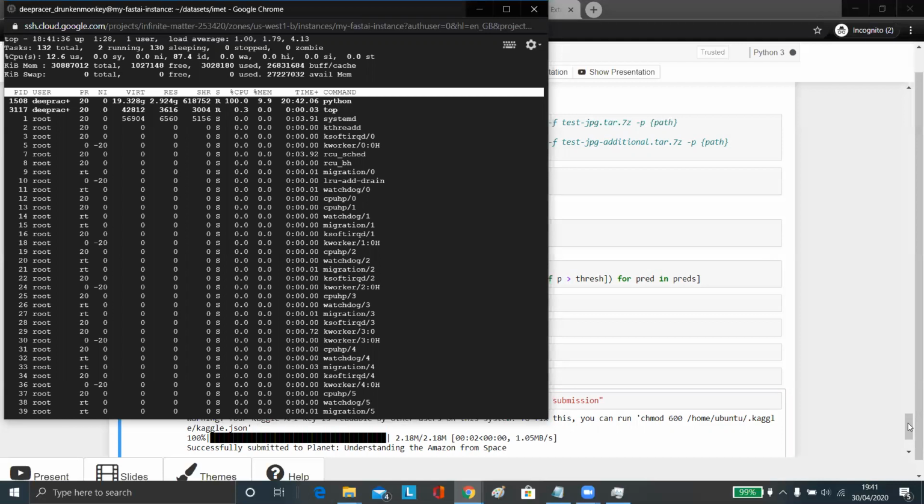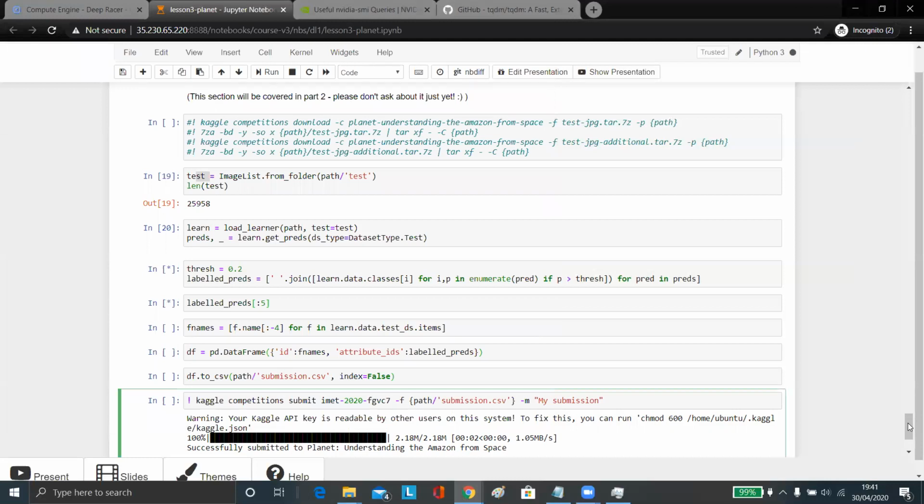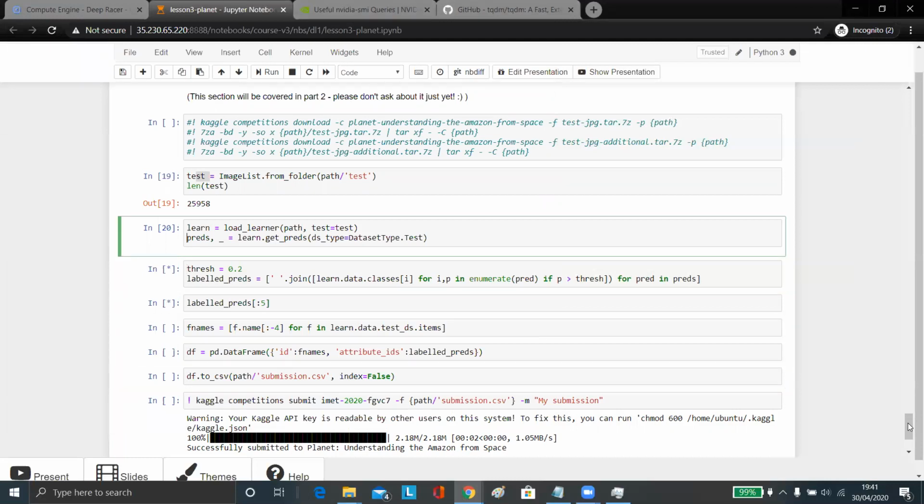Actually, there probably is a smarter way of doing this, because we probably could have broken this task up across the 8 CPUs. Yeah, it's going through line by line. We could have broken it up into 8 chunks and run this command line.